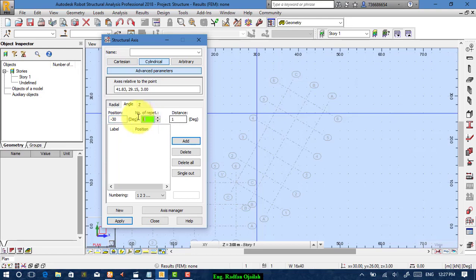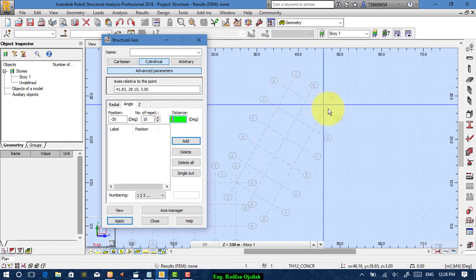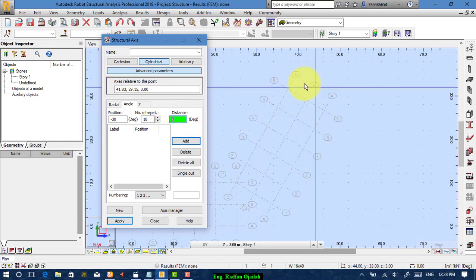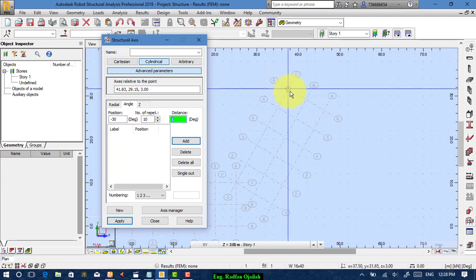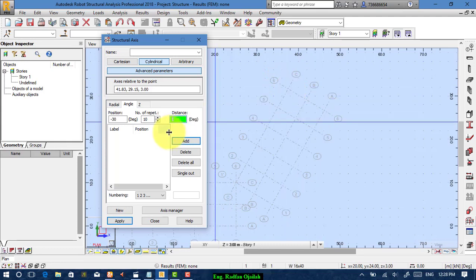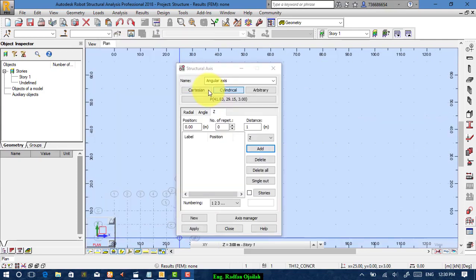Number of repeats, we want it to be a lot of lines, so let's make them 10. And the distance between them, because it's a straight angle, it's half a circle. Half a circle is 180, so 180 divided by 10 is 18. Add. The last thing that we should take into account is the z-axis.